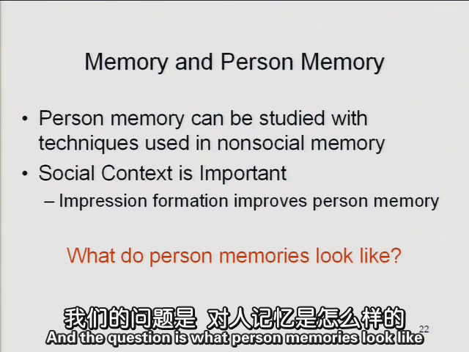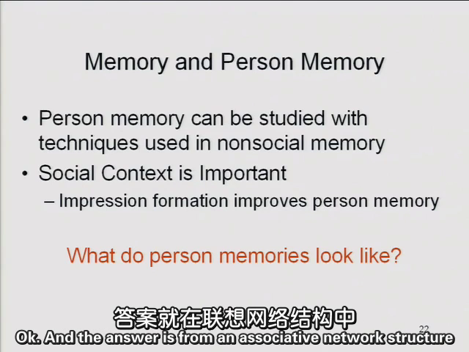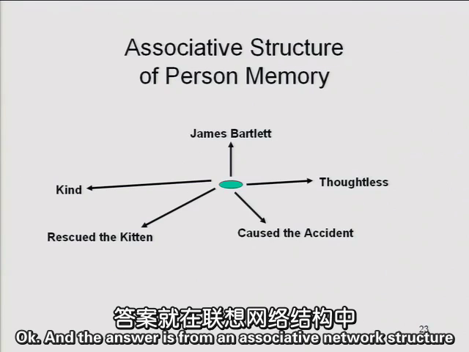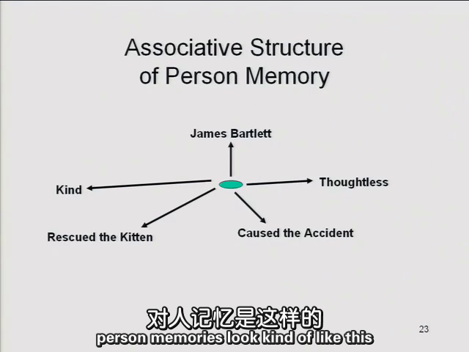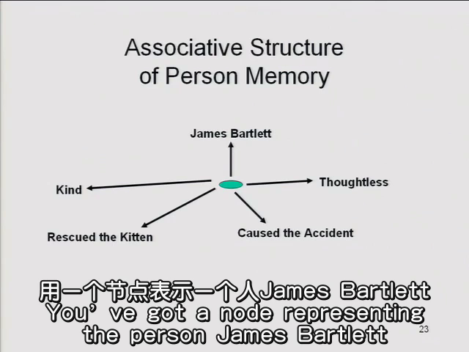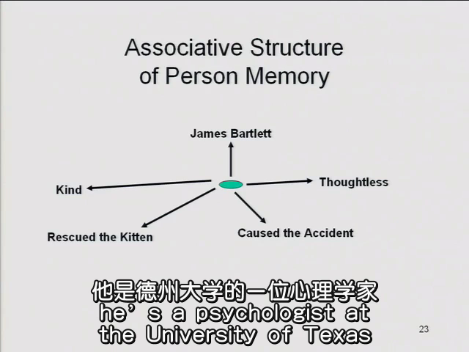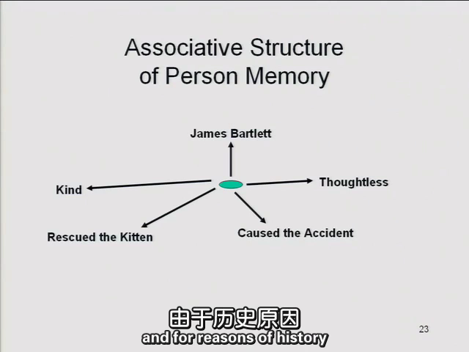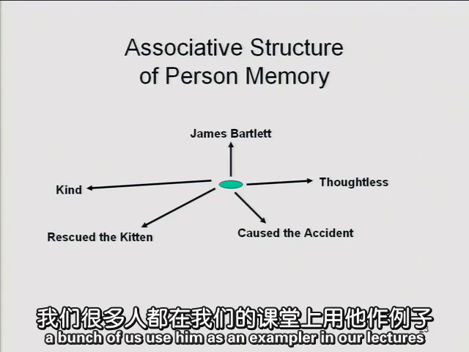And the question is, what do person memories look like? And the answer is, from an associative network structure, person memories look kind of like this. You've got a node representing the person, James Bartlett. He's a psychologist at the University of Texas, and for reasons of history, a bunch of us use him as an example in our lectures.